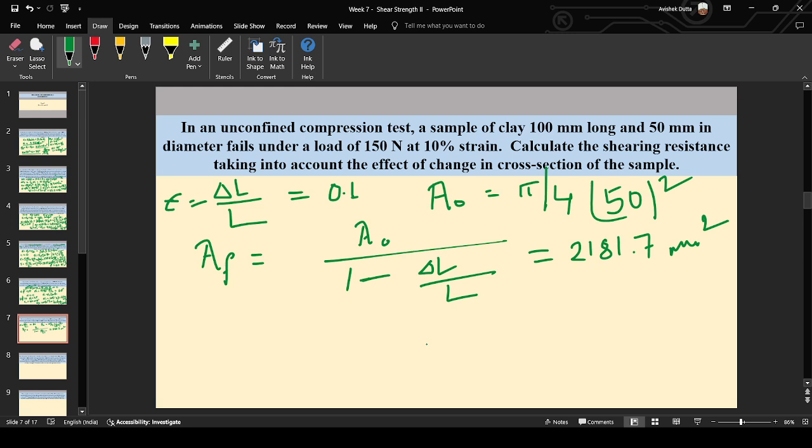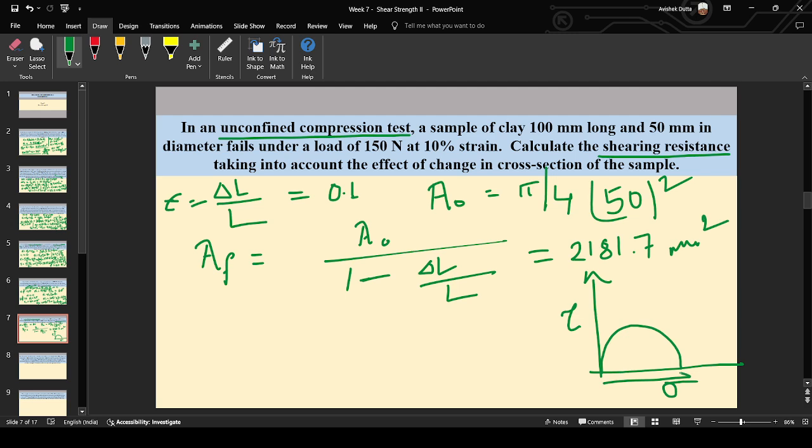Okay. So if this was the cross section area at failure, now for finding out the shearing resistance over here, there is a shear strength. It is an unconfined compression test. I have said in the last class that in unconfined compression test, the shear strength is half of the compressive strength. Okay, I will show the graph again over here. This is tau and this is sigma. The Mohr circle goes like this.